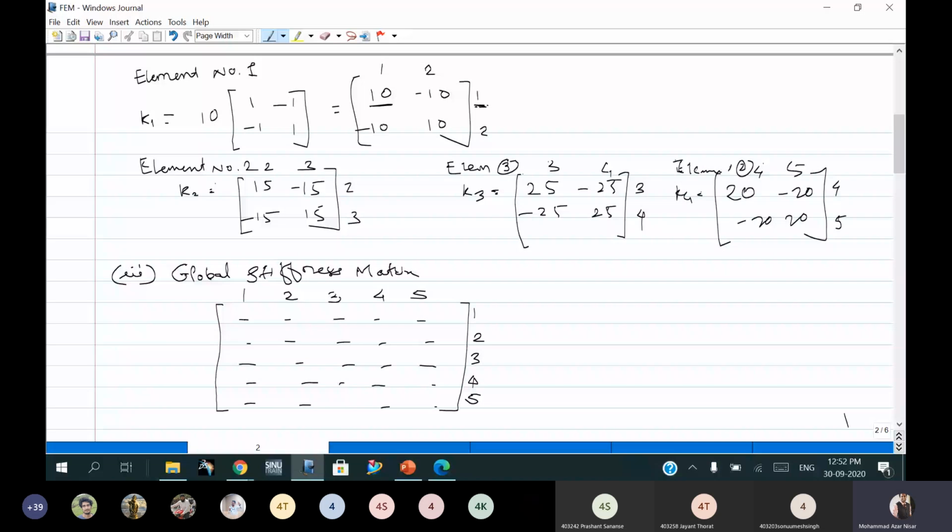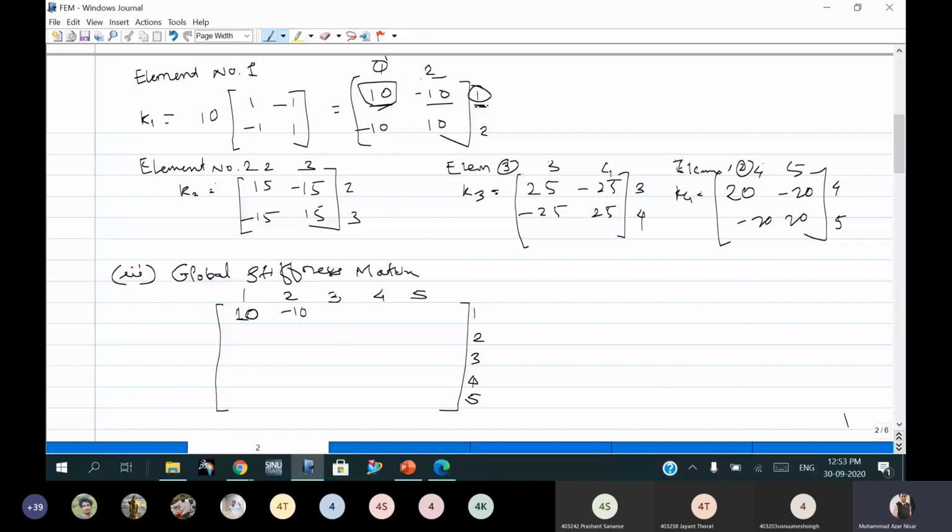Then for 2 and 1, you can see over here, this is 2, this is 1, we have to write minus 10 in this way. So you have to refer to the element stiffness matrix for each element to find out the global stiffness matrix.